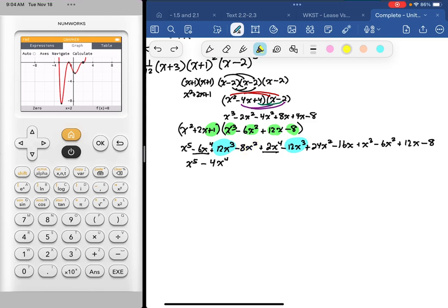Actually, those two zero out. I just noticed that we do have an x to the third over here. So plus x to the third. All right, power of 2, 16x squared, 10x squared. Minus 4x minus 8.